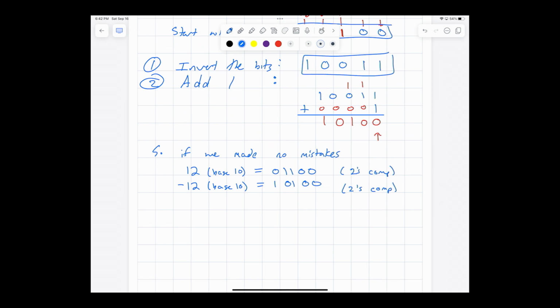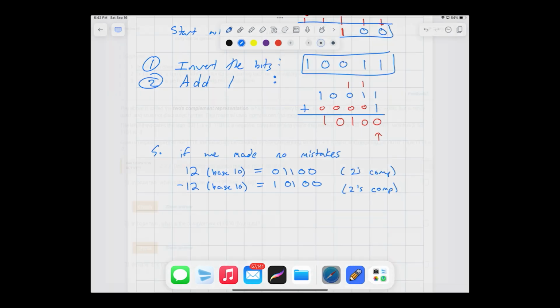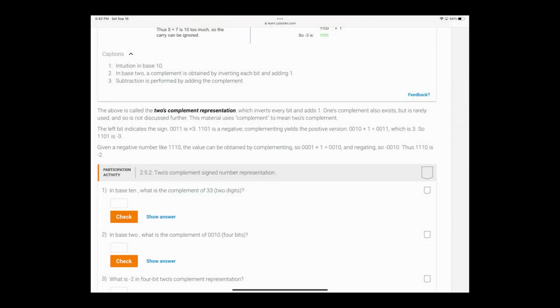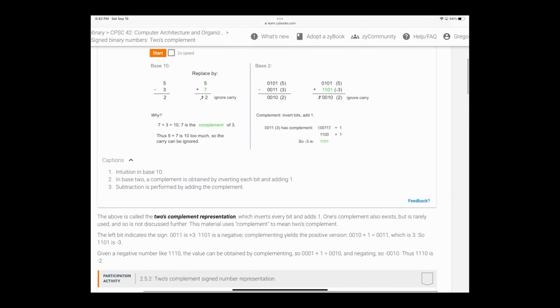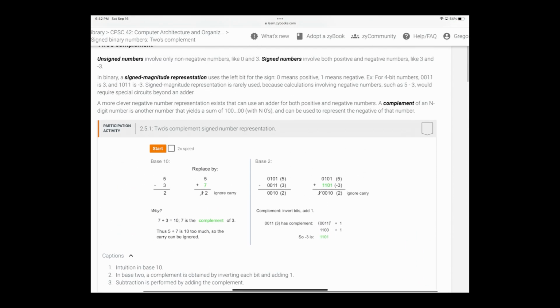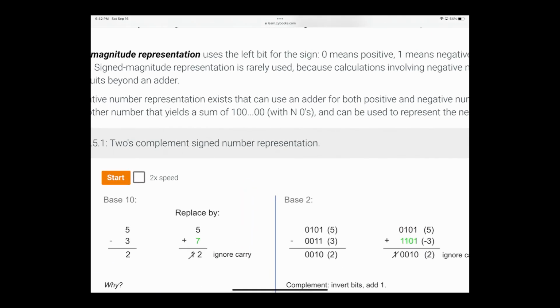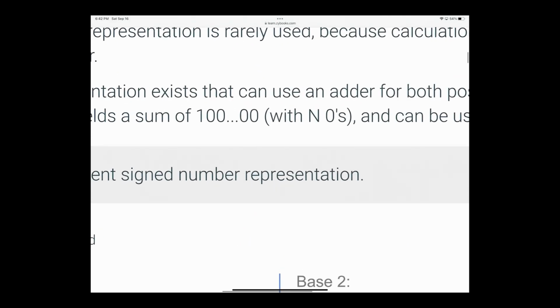All right, and there's supposed to be a property that these numbers have. If I flip back over to the zyBooks, we could read about that property. The property is that when you add the numbers together, you are supposed to get 1 and then a bunch of zeros.